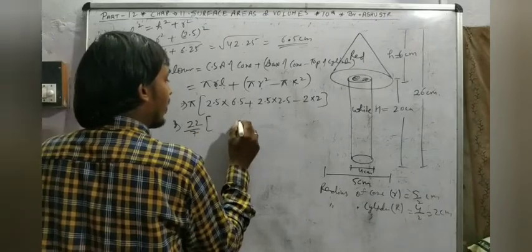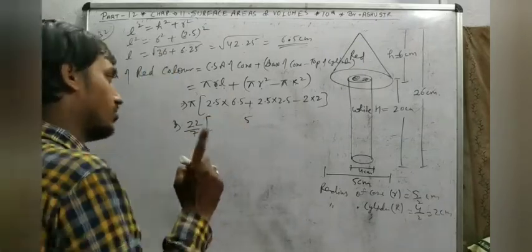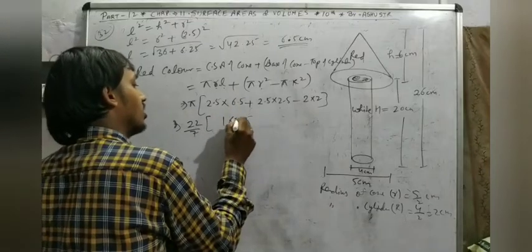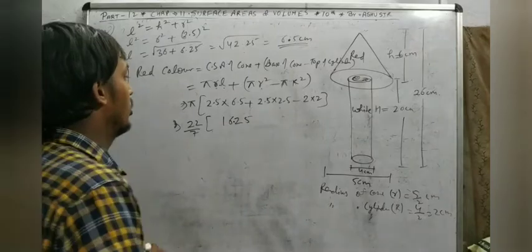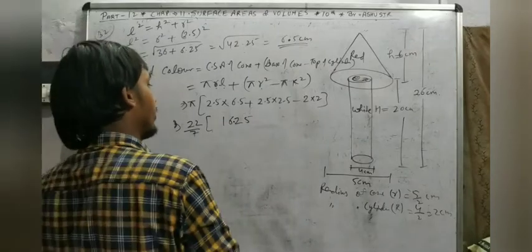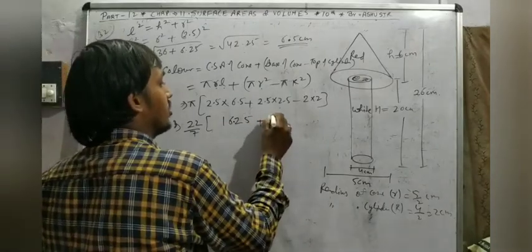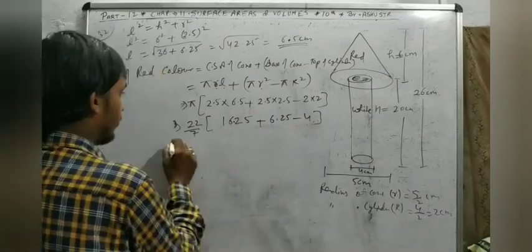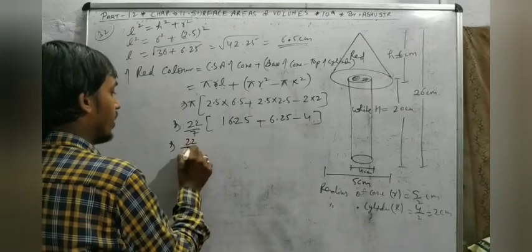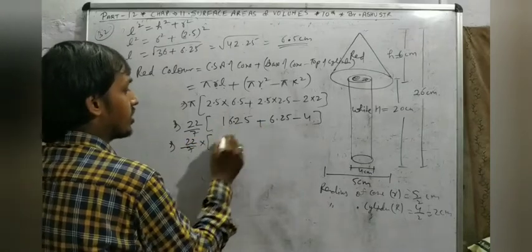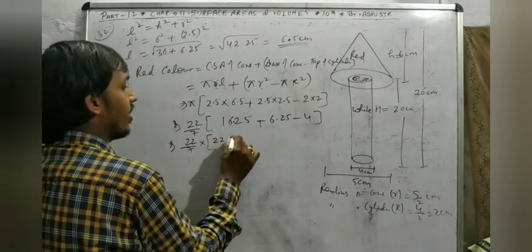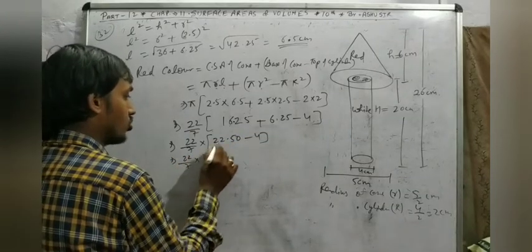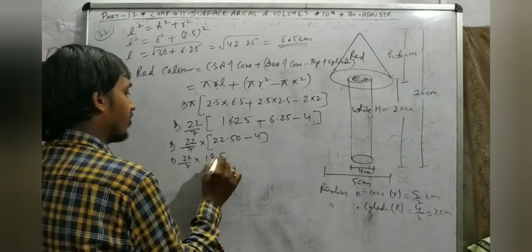So 2.5 into 6.5 is 16.25, plus 6.25 minus 4, gives 22/7 into 18.50.